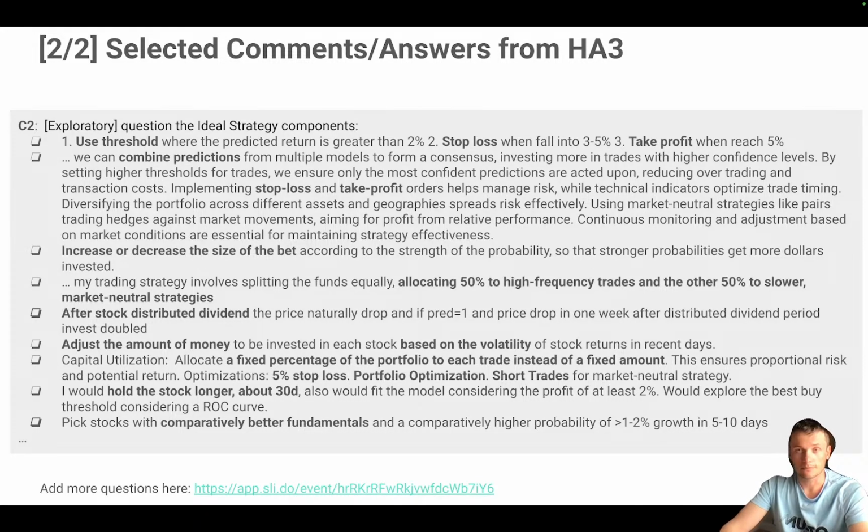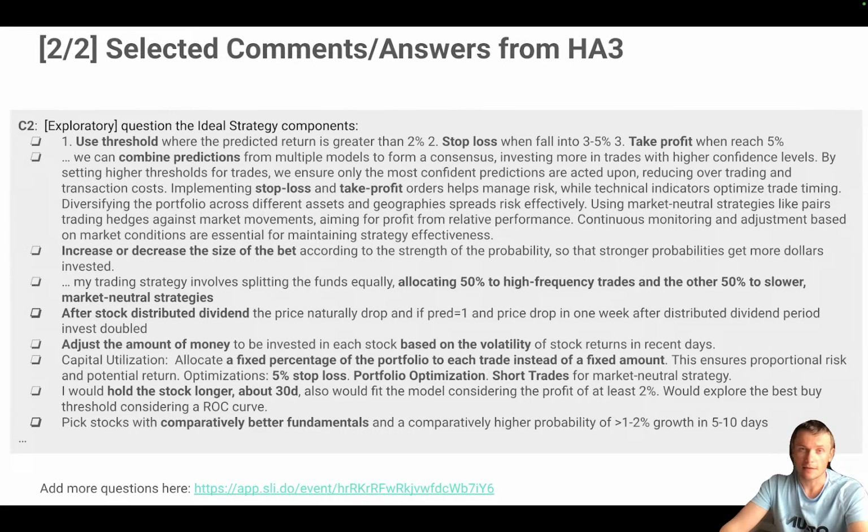It's great to see that you have those specific numbers in your head, because there are no ideal numbers, or it is quite hard to get. It's more about the psychology of a trader, and you need to define these numbers for yourself. Then someone suggested that we can combine predictions to form a new consensus from different models.